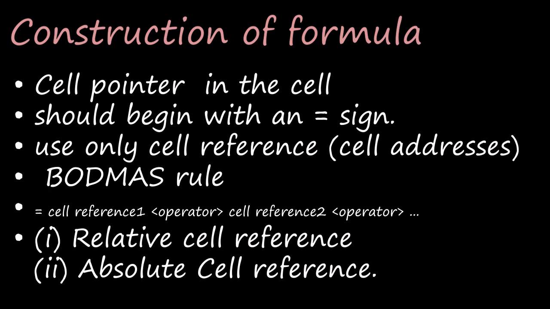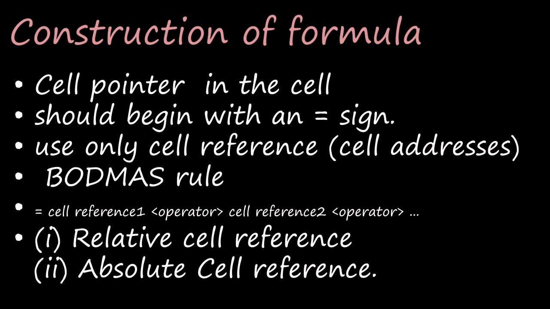Or if it is just A plus B, first we have to give the cell address of A, then the operator, plus or minus, whatever operator it is, and then the cell reference B, and then again, if you need to add something else, you can give the operator and then the cell reference, right?